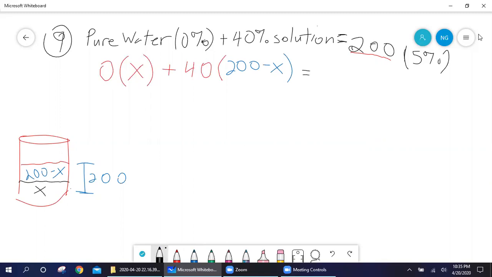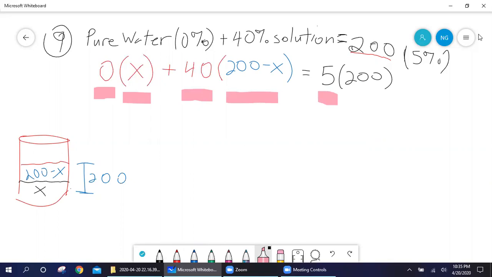And the percentage for the overall solution is 5% times 200 ounces. So I have percentage times amount plus percentage times amount equals total percentage times total amount. Now it's not too terrible of an equation to solve, especially since I have 0 times x on the first part. So that's gone.